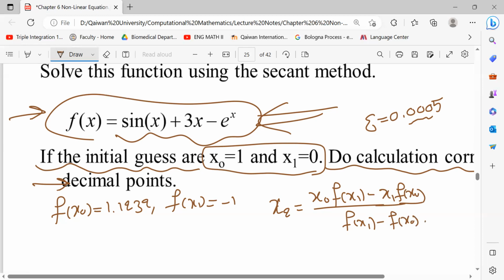We now find x2. We already have x0 and x1, which are given in the exam, and we also found f of x1 and f of x0.